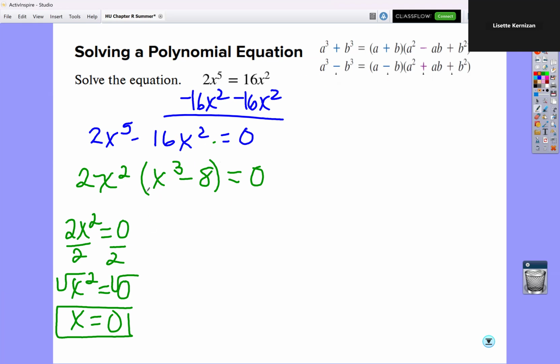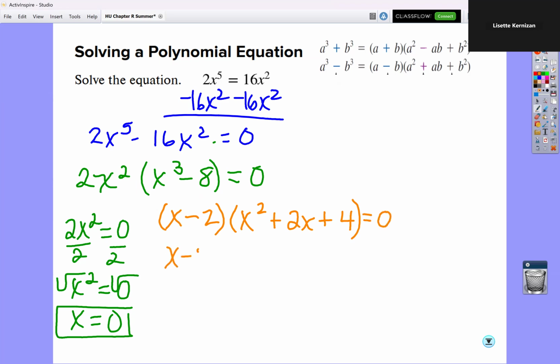So x cubed is a perfect cube. 8 is also a perfect cube. I'm going to have x minus 2 because the cube root of x cubed is x. The cube root of 8 is 2. Then I'm going to have x squared plus 2x plus 4. And again, this all equals 0.